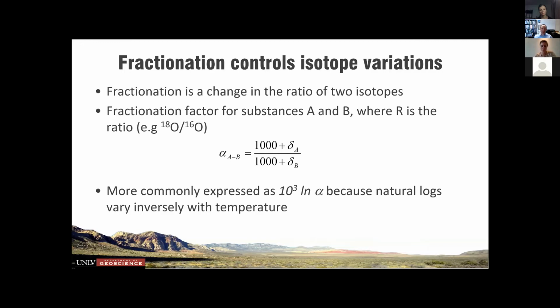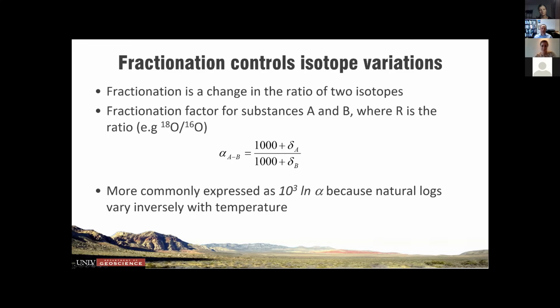Now, finally, instead of using alpha, which is a somewhat cumbersome number because it's like 1.003 or some decimal point, we can express them in terms of 10 to the third ln alpha. So you take the natural log of your alpha value and then multiply it by 1,000.